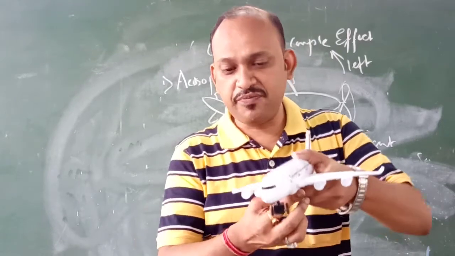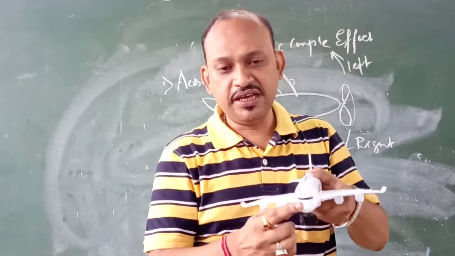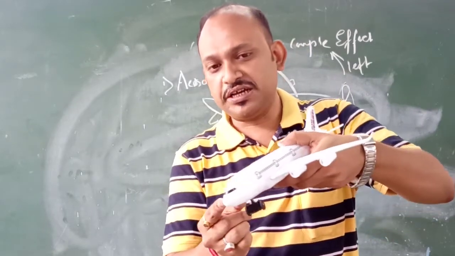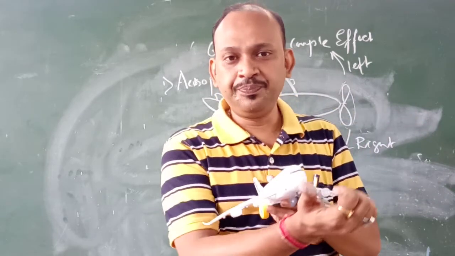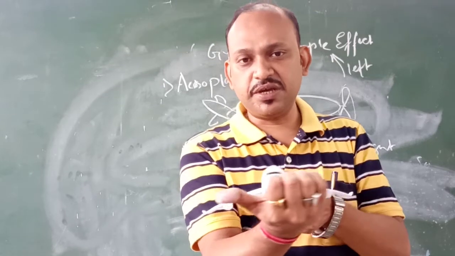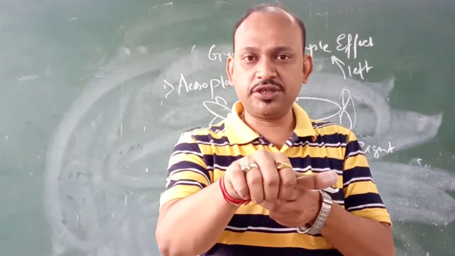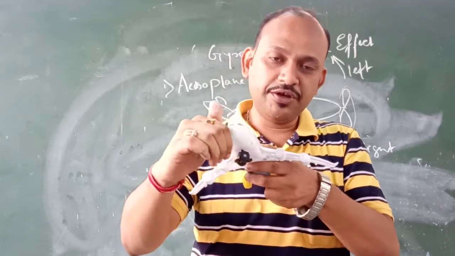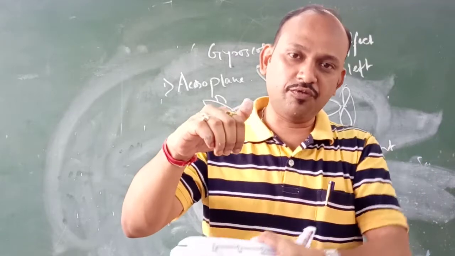And by this type of movement, it will take a right turn. You can see the nose is actually pointing in the downward direction and the tail has risen up. Why is this happening? Because when this is taking a right turn, this becomes the direction of active gyroscopic couple and this becomes the direction of reactive gyroscopic couple. You can see the sense of the reactive gyroscopic couple. It is acting in the downward direction.